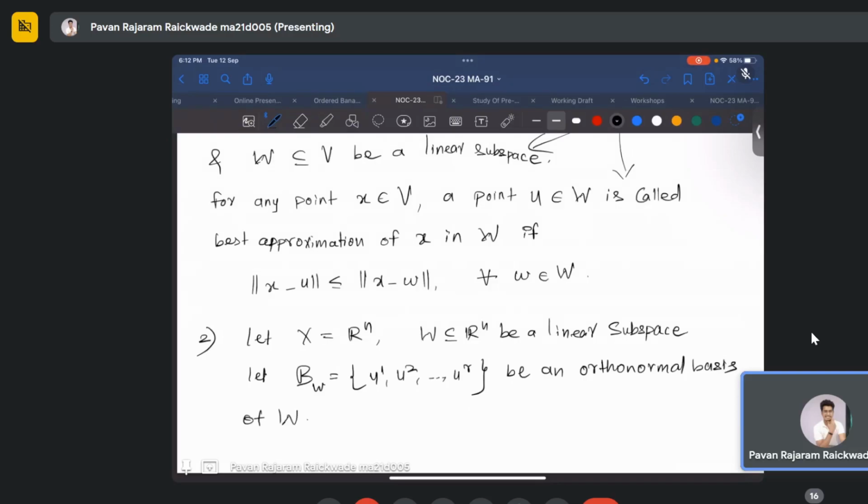If this is an orthonormal basis of W, you can always extend this basis to the whole space.